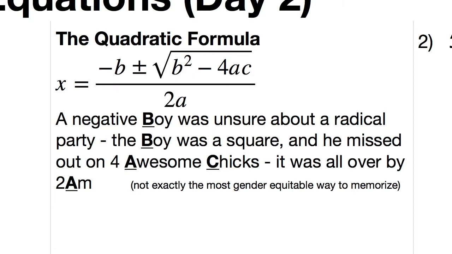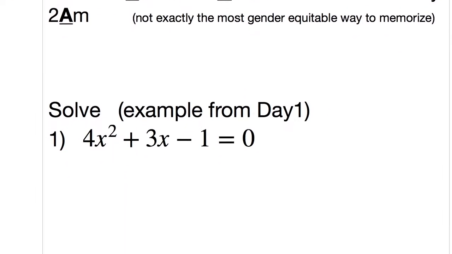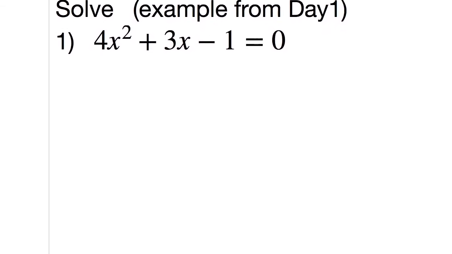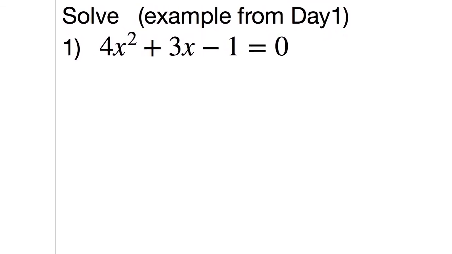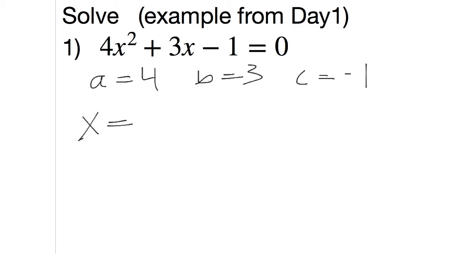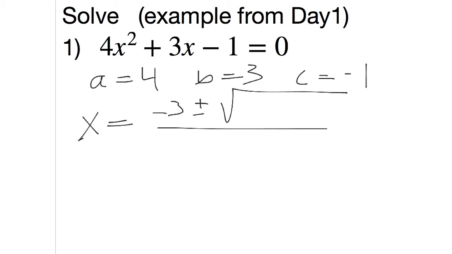Okay, so what this all means, and this is why everyone goes crazy over it, is that as long as you identify what the a value is, and the b value, and the c value, you can basically write what the answer is in one step. x equals negative b plus or minus the square root of b squared minus 4ac, all over 2a.